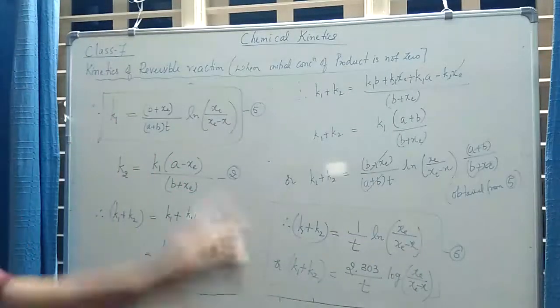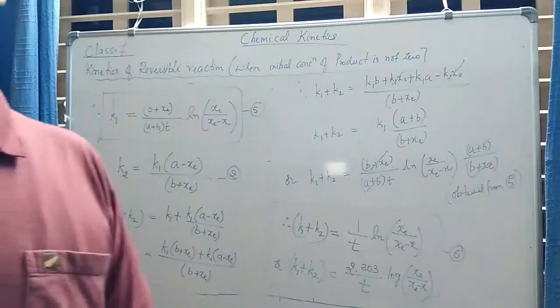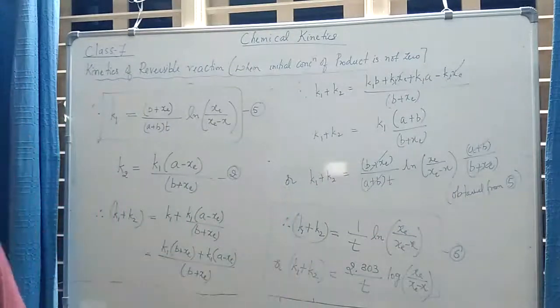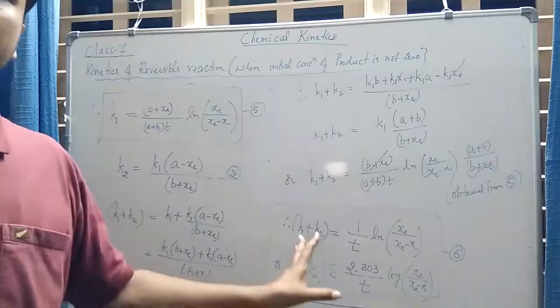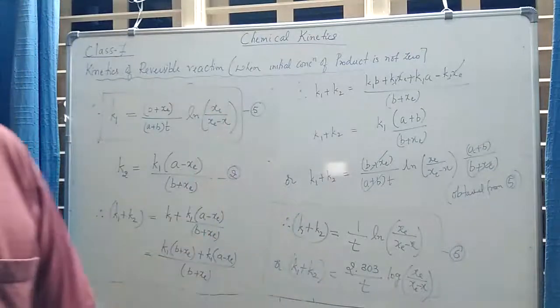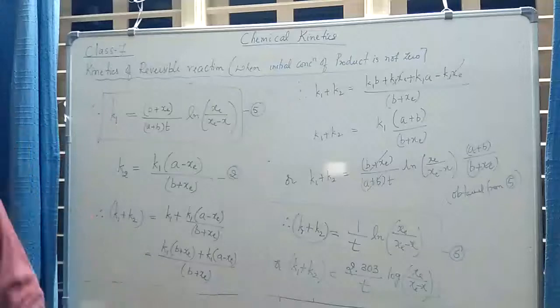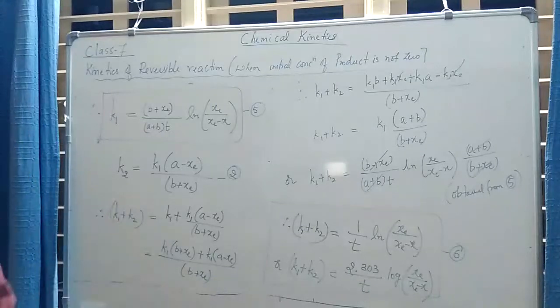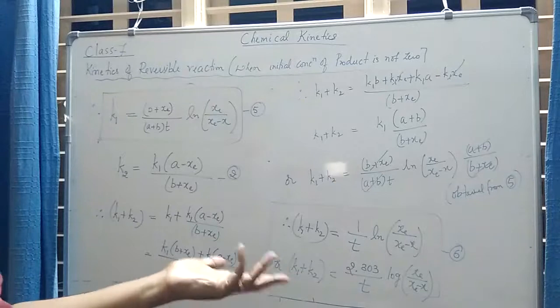So this is about the kinetic analysis of a first order reversible reaction where the initial concentration of the product is not equal to 0. So by using the mathematical procedure that we have used here to analyze the kinetics of a first order reversible reaction, you can also apply similar method to reversible reactions which are a bit complicated compared to this.